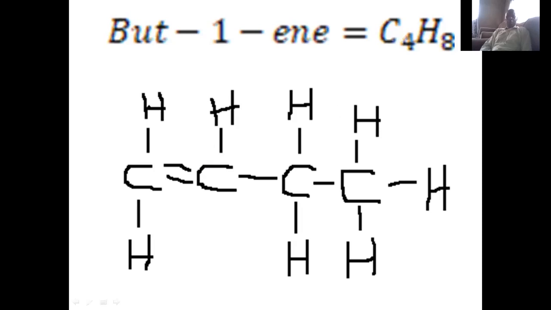The molecular formula for butene is C4H8: carbon has 4 atoms and hydrogen has 8 atoms. If we put the double bond on the first carbon, it can be on either side, and then this one becomes but-1-ene.